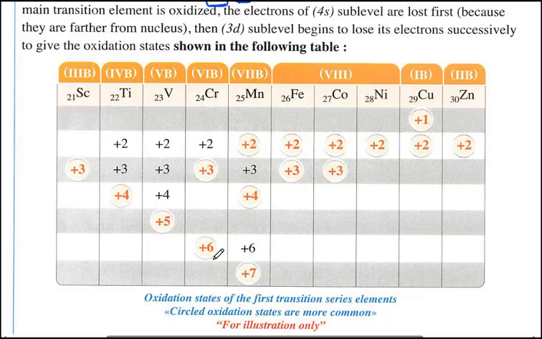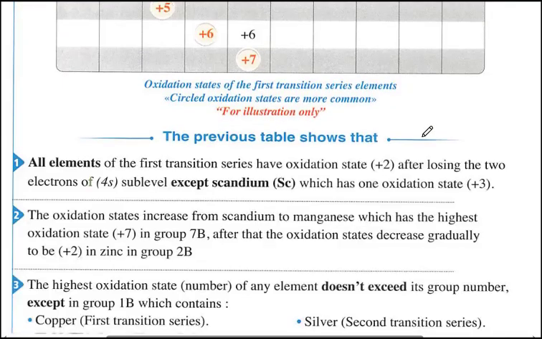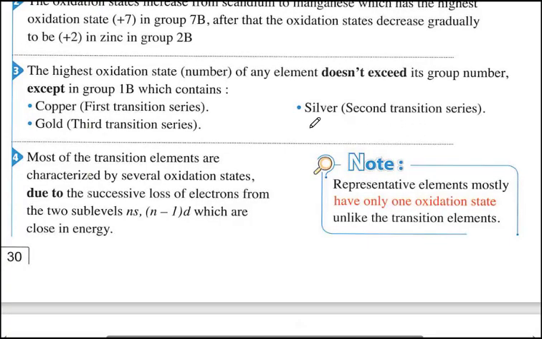And here the same for chromium, group 6b, its high oxidation state is positive 6. 7b for manganese, high oxidation state is positive 7. It does not exceed that. Here the only exceptions are copper, silver and gold. In some cases they exceed the number of the group, which is 1b. The common oxidation state for copper is positive 2.